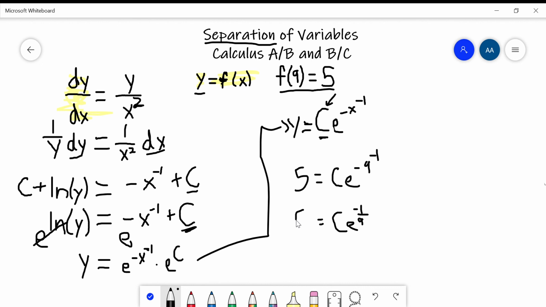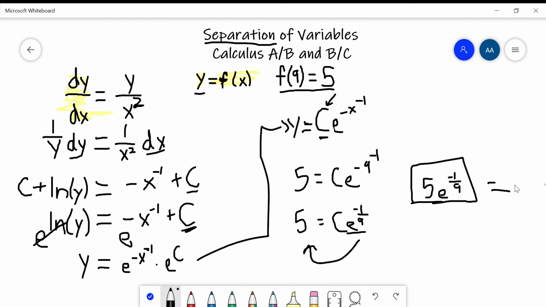And then 5, and then you can divide this. If you know the exponent rules for a negative exponent, I divided this and brought it here, and this is going to be C. But we're not done. Remember, we wanted a function of x, so we're going to plug this constant back in here, and you will have your solution.